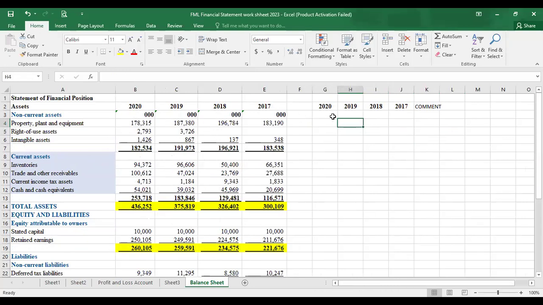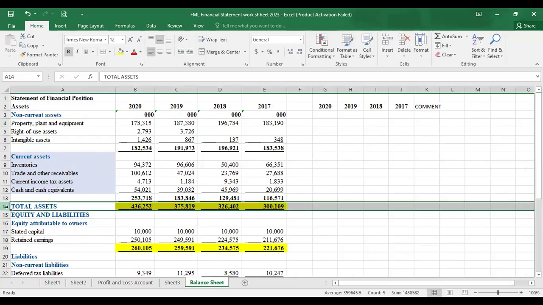if we go on to the balance sheet for the common size analysis, for the PPE, the total assets, which is on row 14, if you can see, would be the base for each of the years.